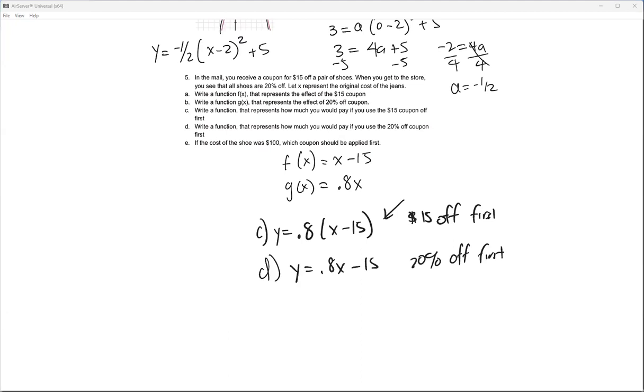But which one's the g of f of x and which is the f of g of x? So this is the g of f of x, and this is the f of g of x.